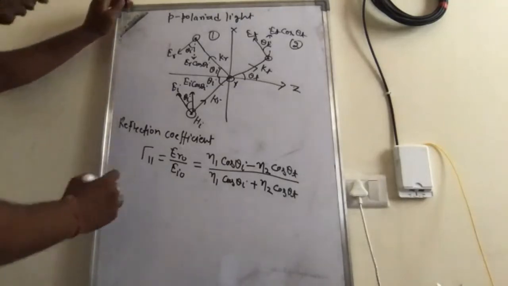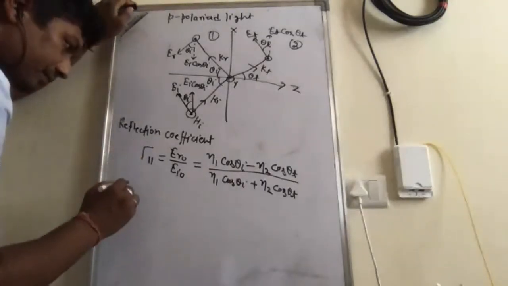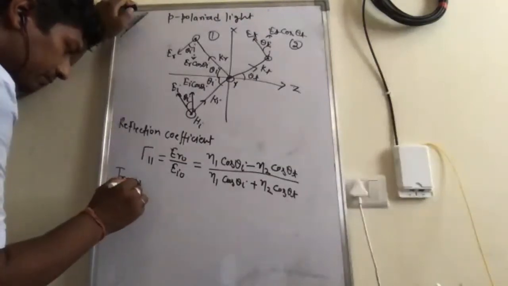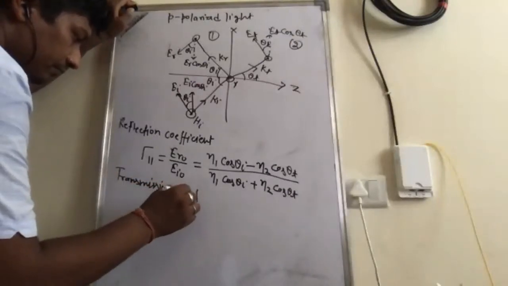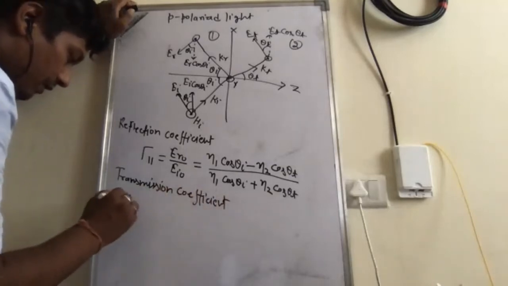Also, we can write the transmission coefficient, tau parallel.